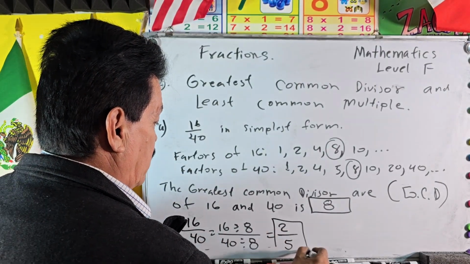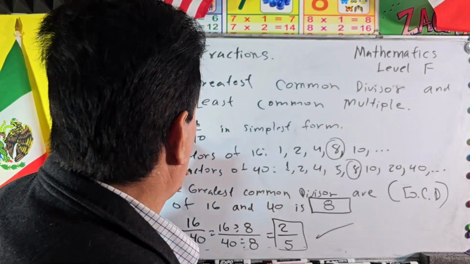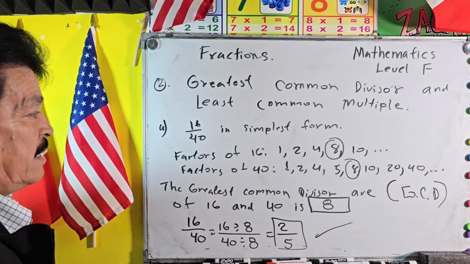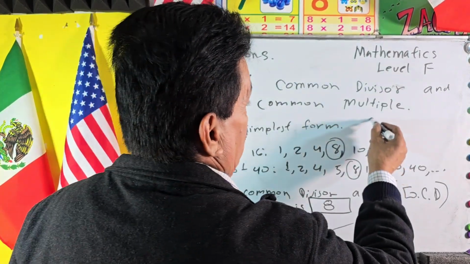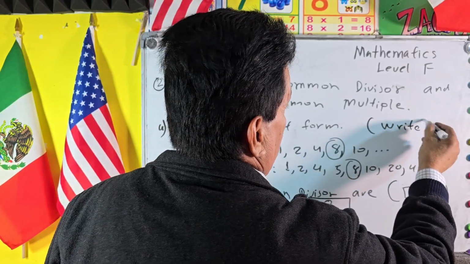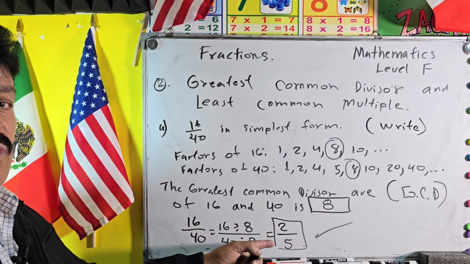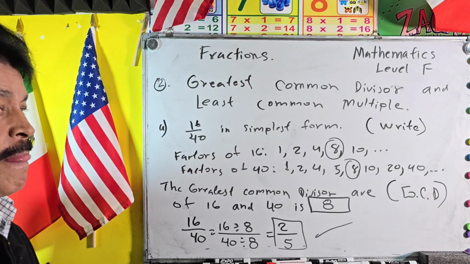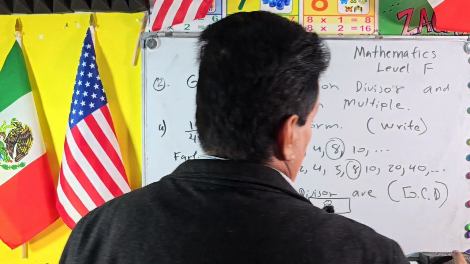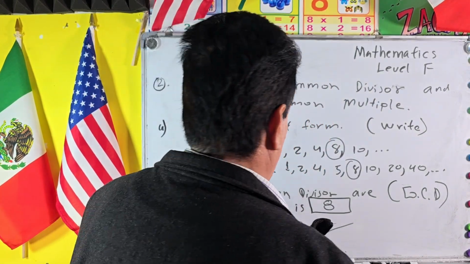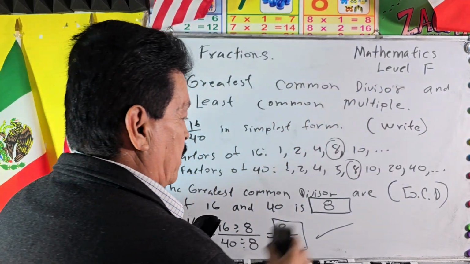So this is the answer. Written in simplest form, this fraction is 2/5. Okay. So this is the greatest common divisor, the way to find it.